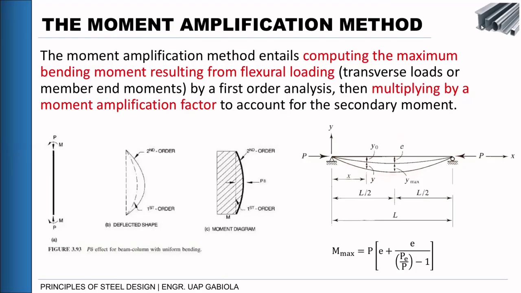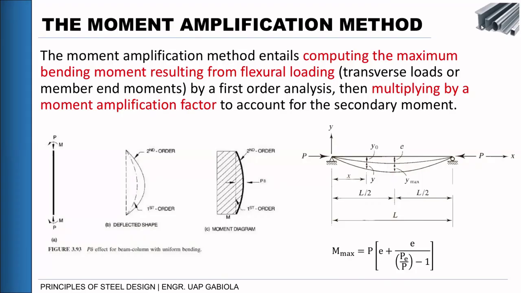So, yung deflection na yan will be total of the eccentricity from the center line of our beam plus the deflection at the center. So, upon deriving it, we have this value for the maximum moment is equals to P multiplied by the eccentricity plus E over PE over P minus 1.